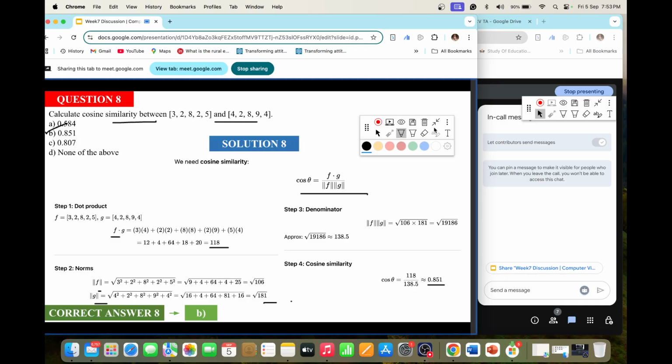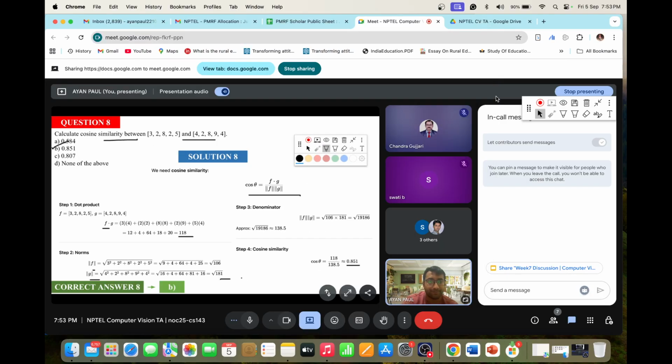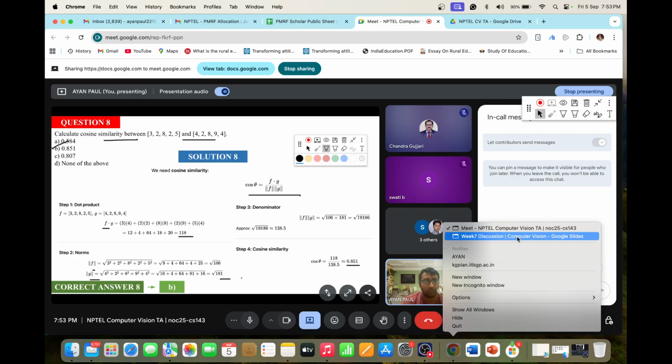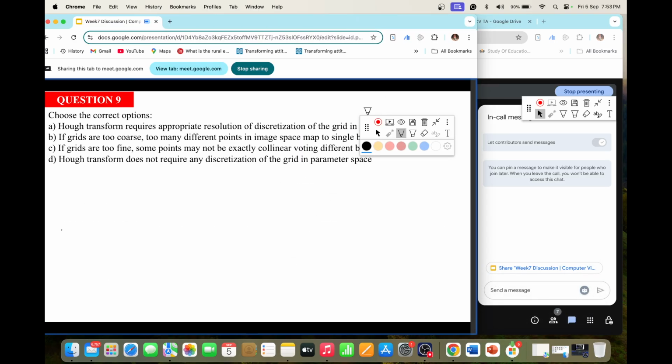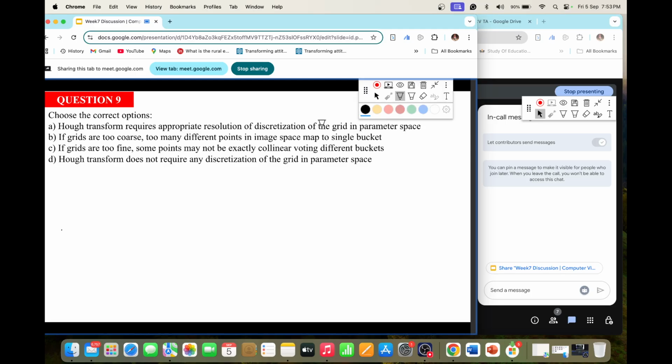Okay, so is it clear? Clear, right? This is another question. Choose the correct option. Hough transform requires appropriate resolution of the discretization of grid in parameter space.